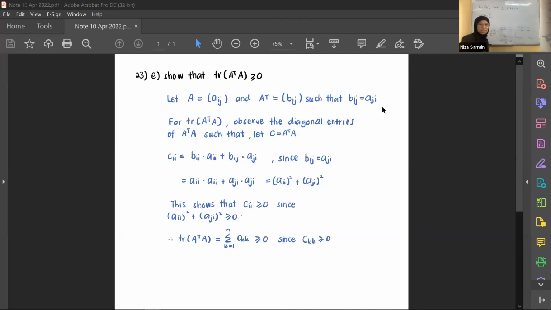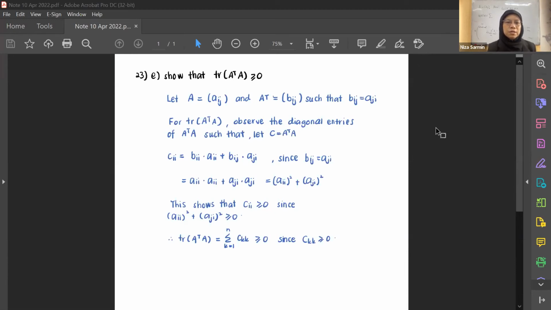It's a little bit complicated actually to use in the form of this. If you have A is A_IJ, A transpose is B_IJ, so B_IJ is A_JI. So when you find the diagonal entries, okay, you let C to be A transpose times A.